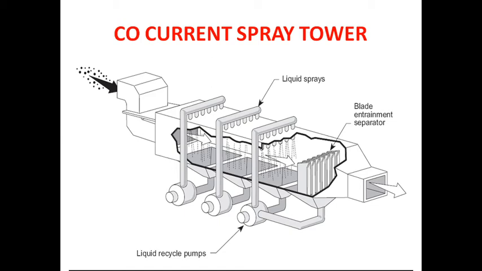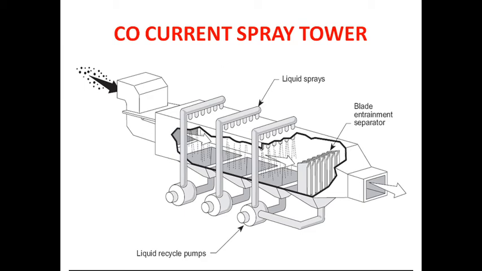In this tower, gas and liquid flow in directions perpendicular to each other. In this vessel, gas flows horizontally through a number of spray sections. How many sections are in this figure? Three sections are there.